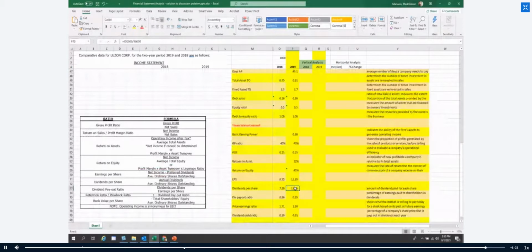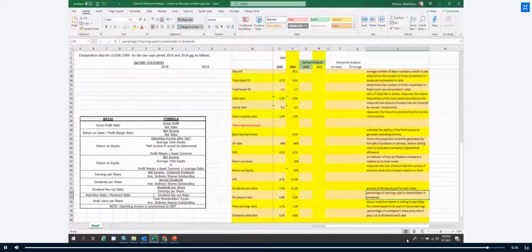Of course, from the point of view of the shareholder, you would like to have a higher dividend, so you have to compare it with the other players in the industry. Next, we have the dividend payout. The dividend payout is simply your dividend per share divided by your EPS, and that's 0.99, meaning this is the percentage of earnings paid to shareholders in terms of dividends.